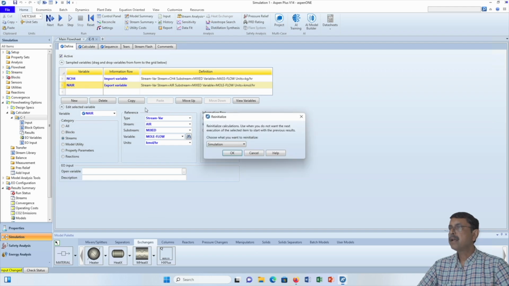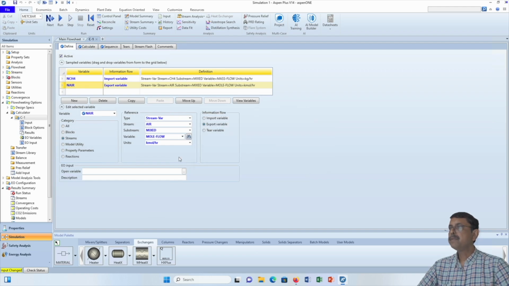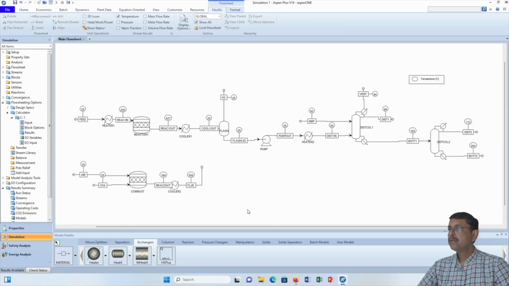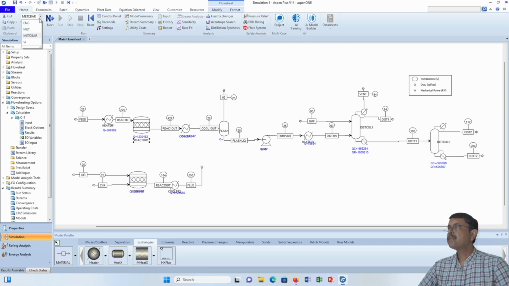Now let us run it once again. I hope there is no problem. Yeah, there is no problem at all. So we are running two parallel systems. One is this one, another is this one. So here we have seen, let us click the heat work power. Okay, you see how much heat is there. Now if we make it to SI unit, so this is in watt.